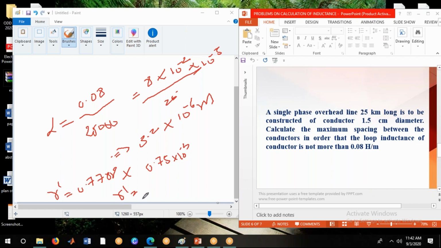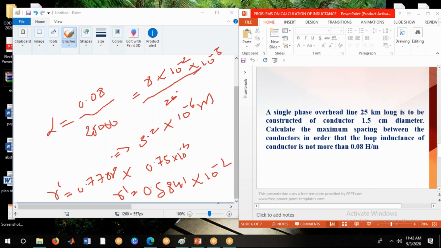So the r dash value you will get is 0.5841 into 10 power minus 2. So this is the r dash value.